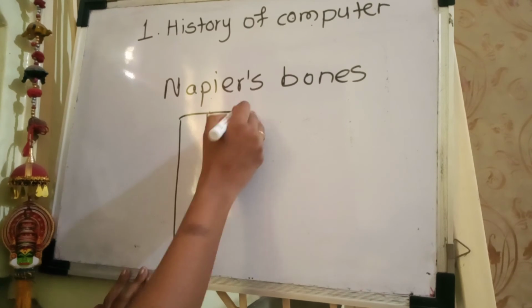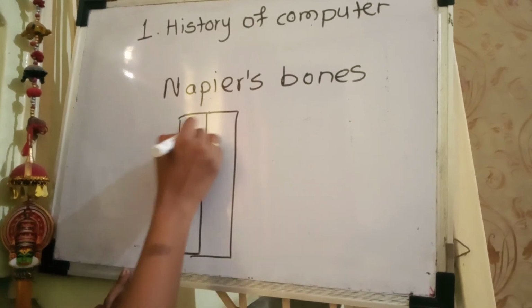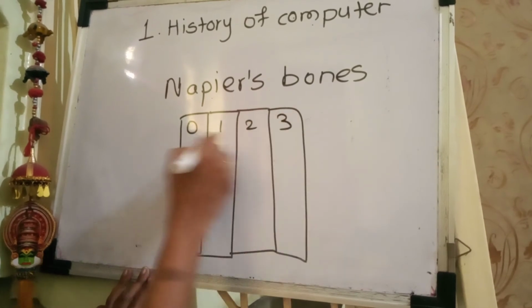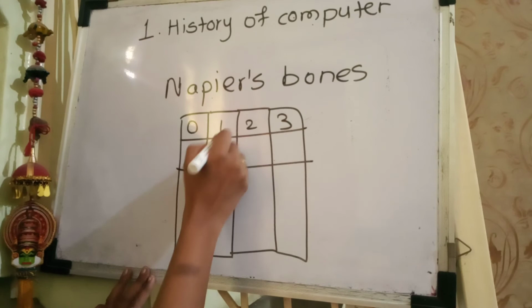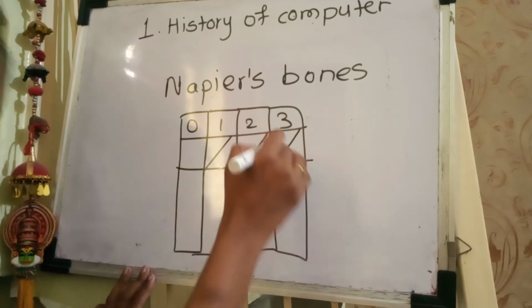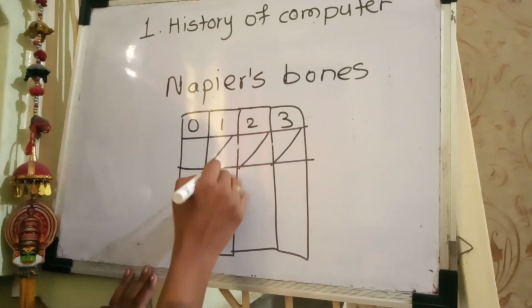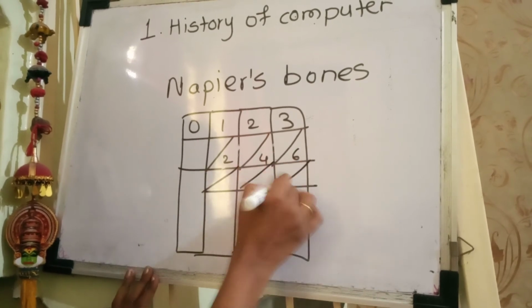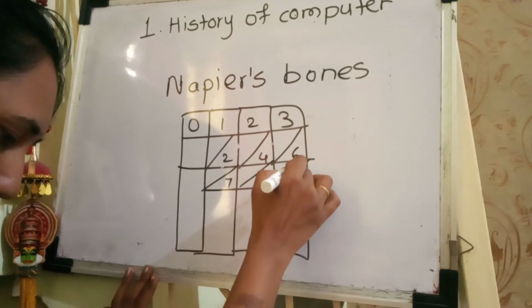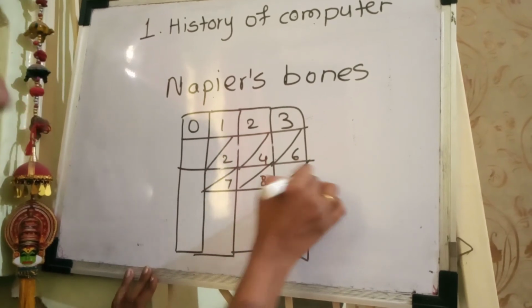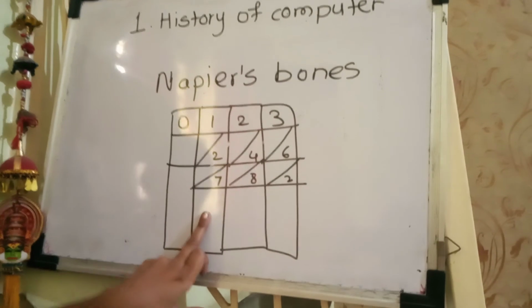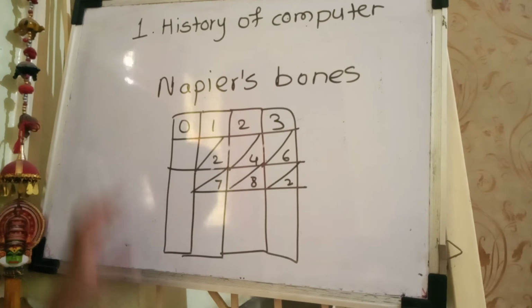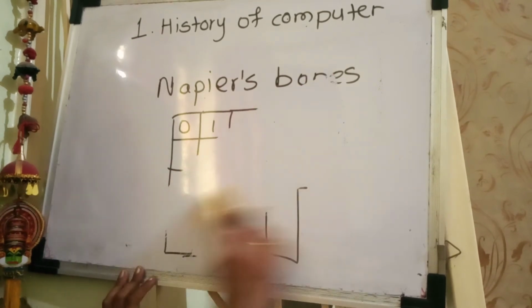See, here are some rods like this: 0, 1, 2, 3. This is a Napier's bones machine and they use these rods for calculation. These rods are used for calculation. So first the abacus, then Napier's bones. These machines are used for calculation.